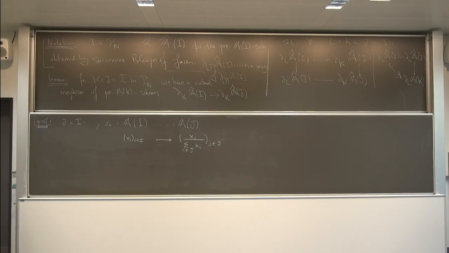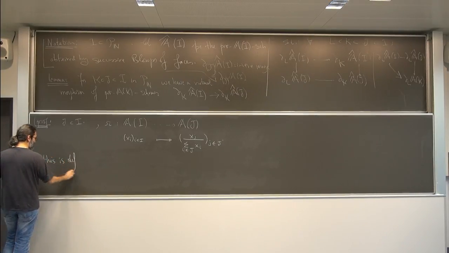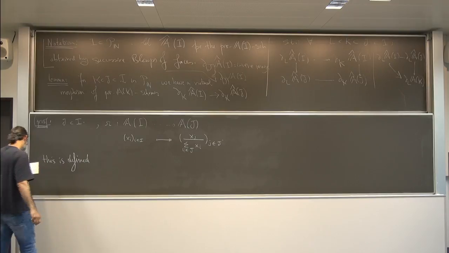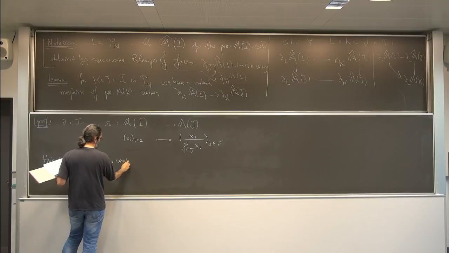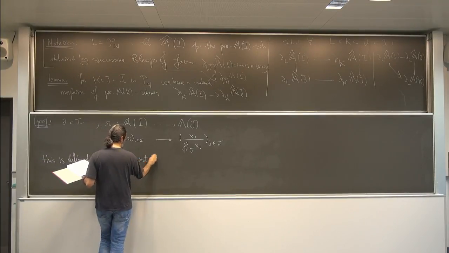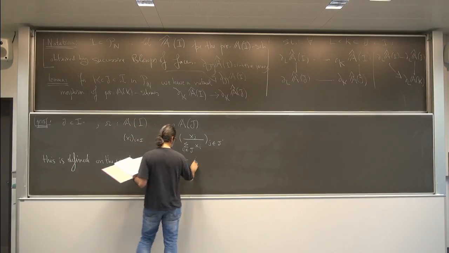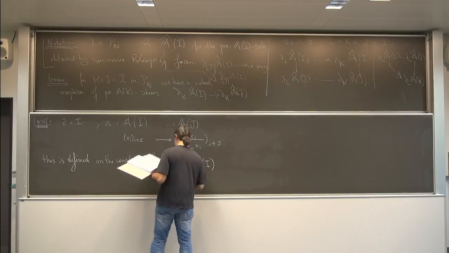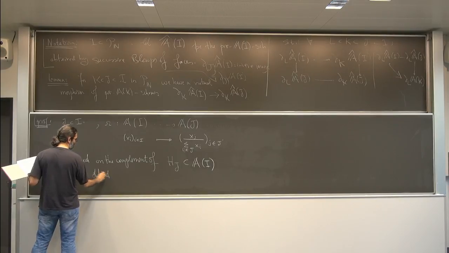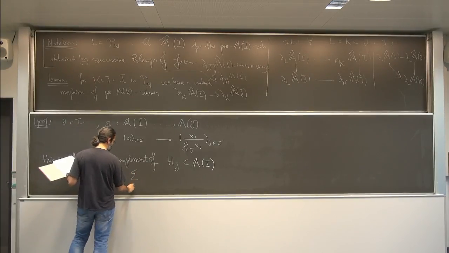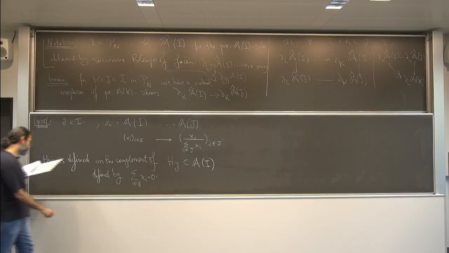This morphism is defined on the complement of the divisor H_J inside I, defined by the equation that the sum of the x_i equals 0.